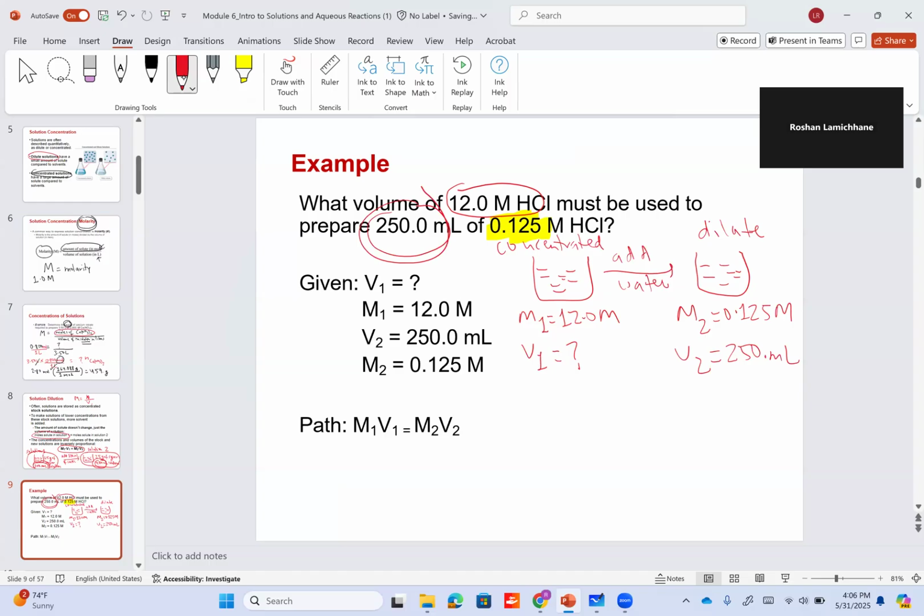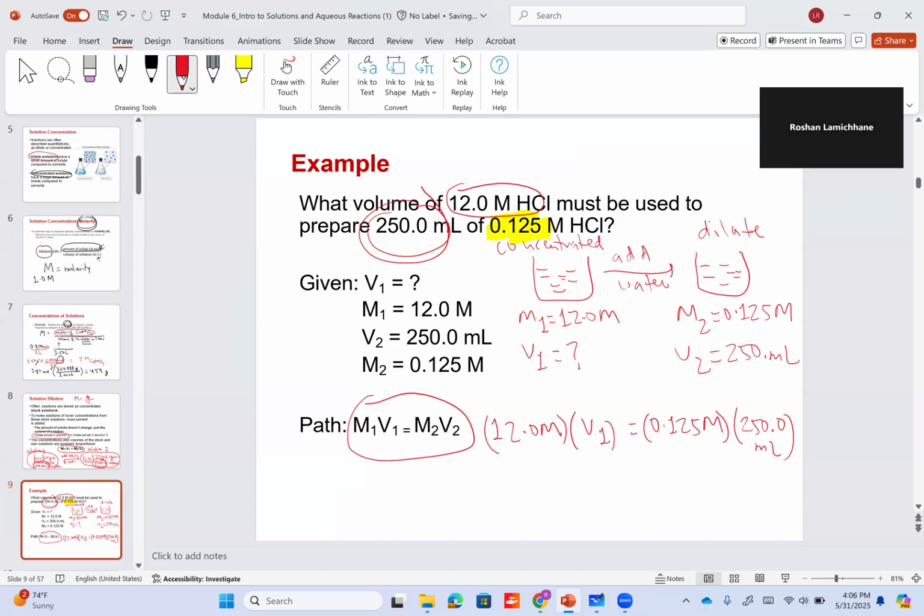To figure out V1, all I do is use my formula M1V1 equals M2V2. All right, so all I do is plug in 12.0 molar times V1, which is my unknown I'm trying to solve for, equals M2, which is 0.125 molar, and my volume is 250.0 milliliters. Unit-wise, right? The molarity cancels out, right?